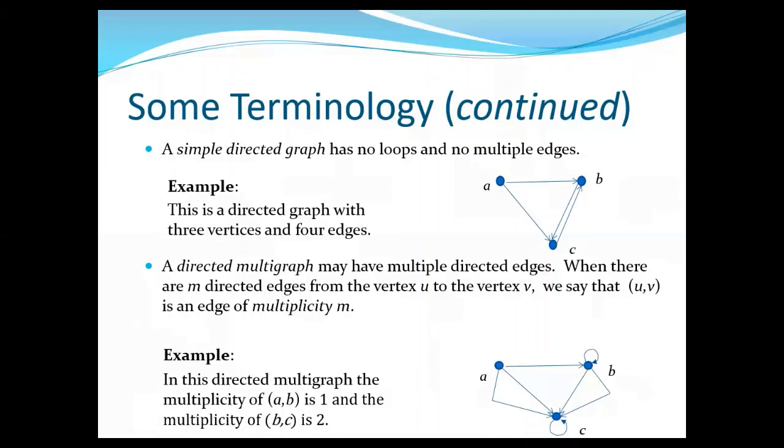Okay, so this is an example of it. From B to C, we have two edges. A and C, we have two directions. And for the loop, we should have a direction. Start with B, going to B, start with C, ends with C. That's a loop. Okay, so that's simple directed graph and directed multigraph.